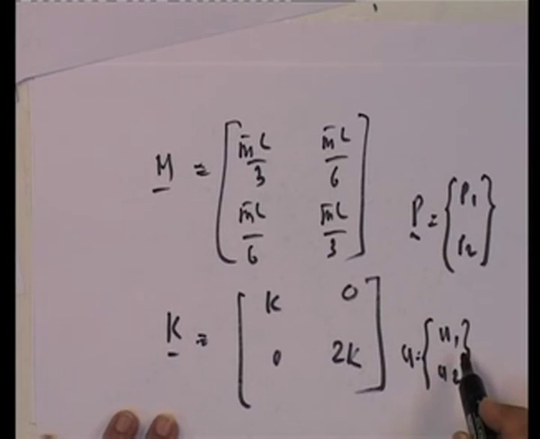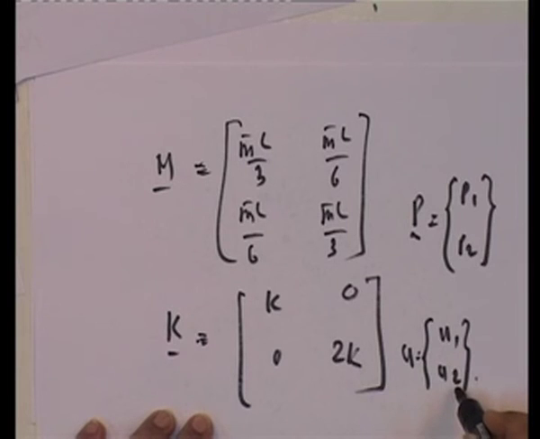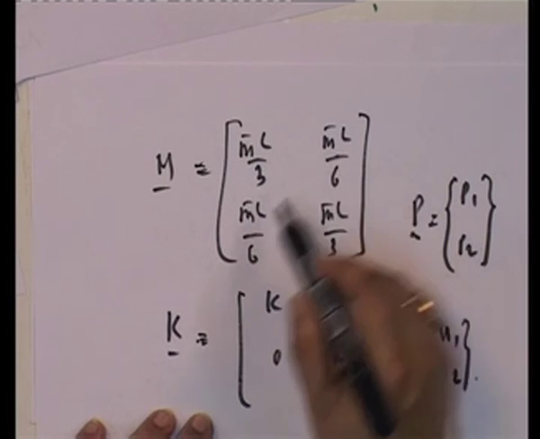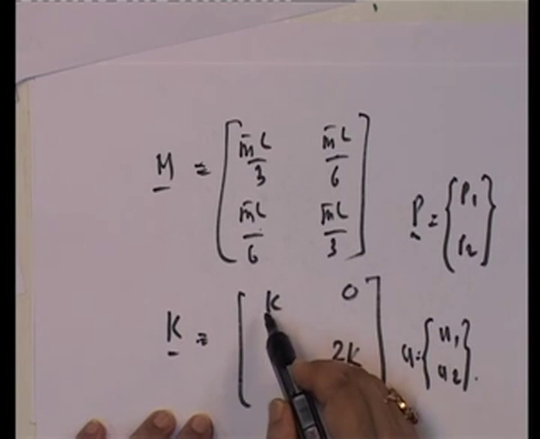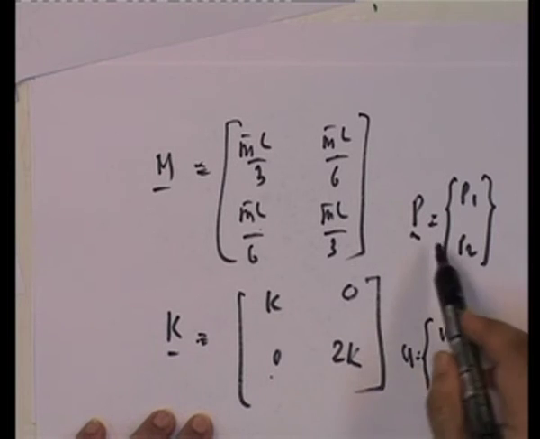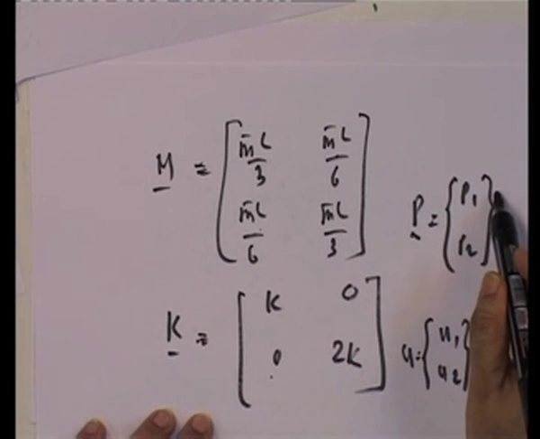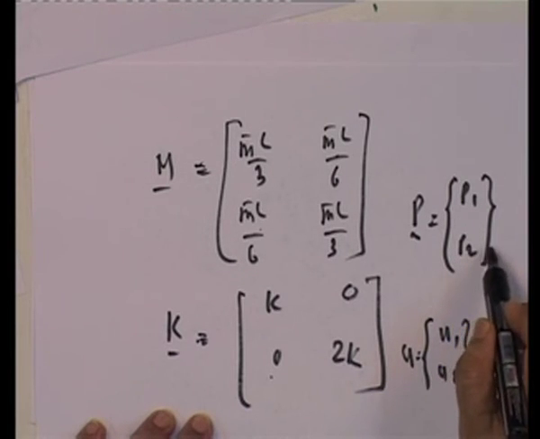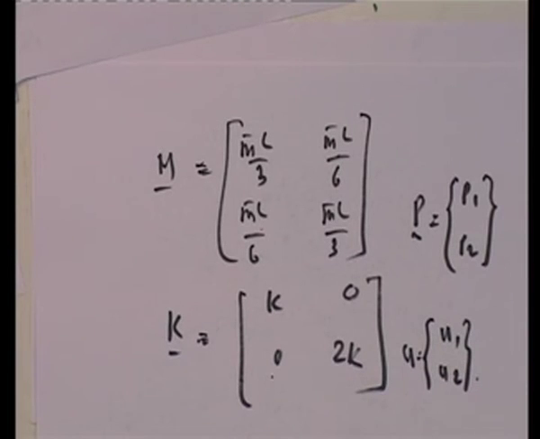When I defined it at the geometric center with ux and u theta, I got m bar L cubed by 12, 0, 0, and what did I get here? 3k, kL by 2, kL by 2, 3kL squared by 4, and the p's were p1 plus p2, and the other one was minus p1 L by 2 plus p2 L by 2. Completely different. But what does that mean? Does that mean that these are two completely different equations of motion?